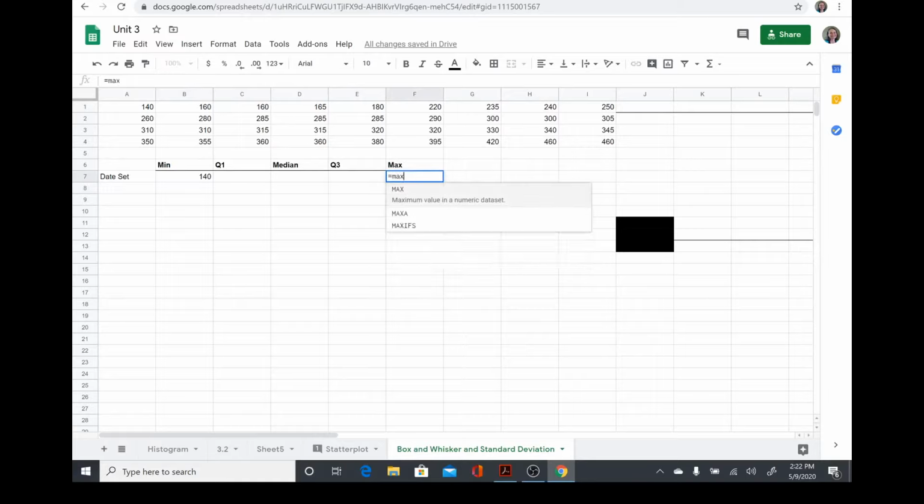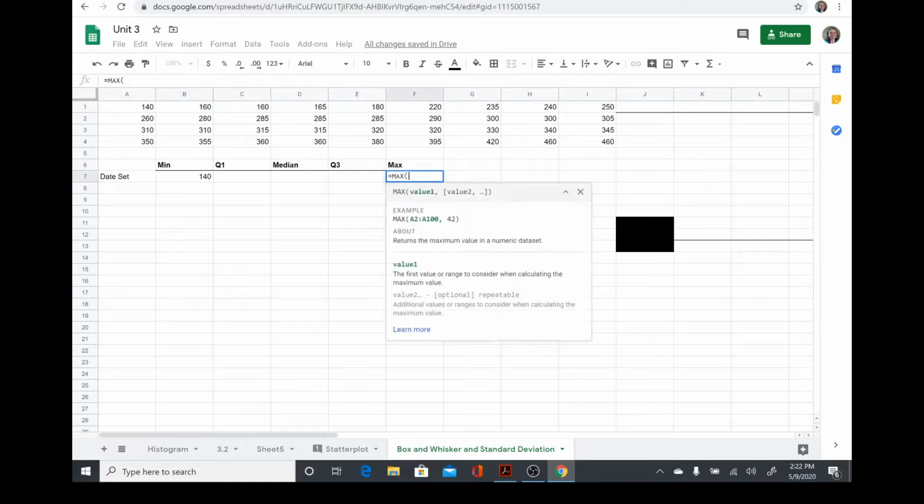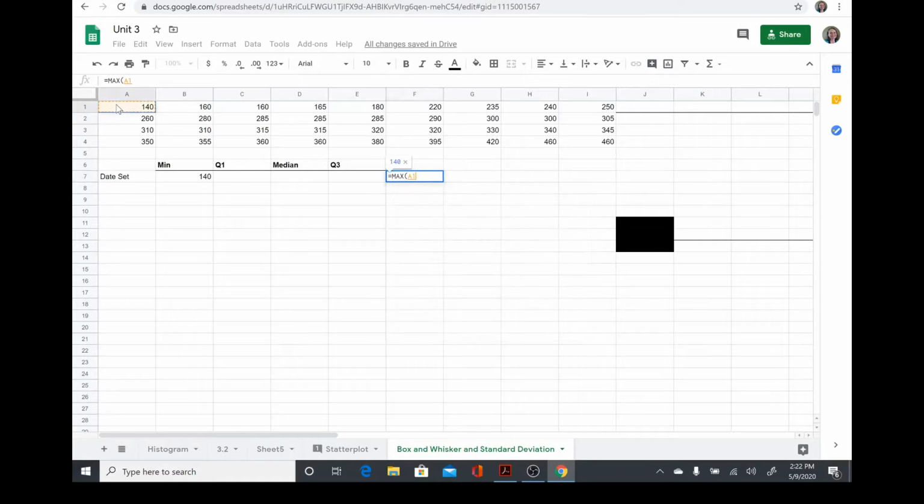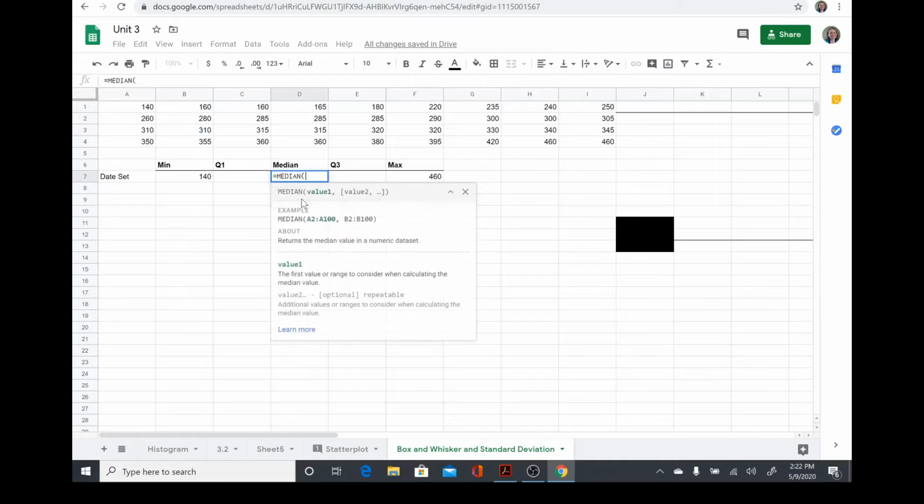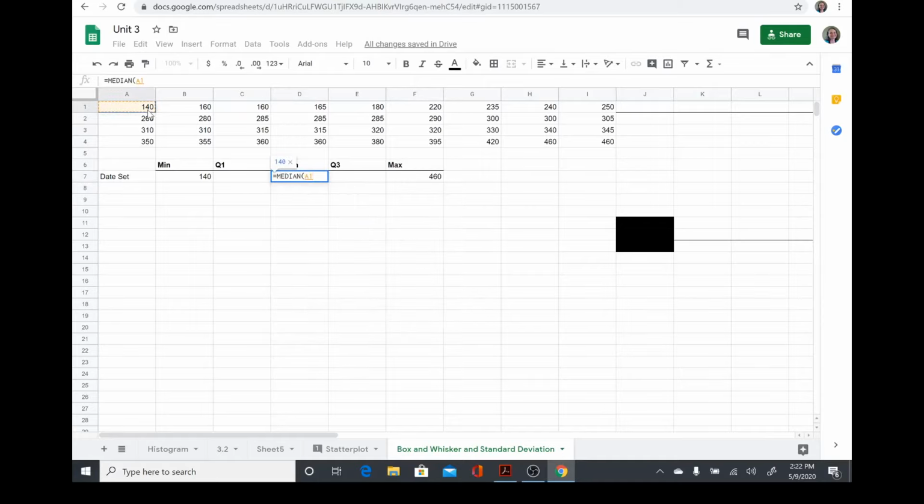Equals max. Select it, and then select the entire data set, and it will find the maximum, even if it weren't in order. Median, equals median. Okay, and then we'll select again the entire data set, pressing enter.